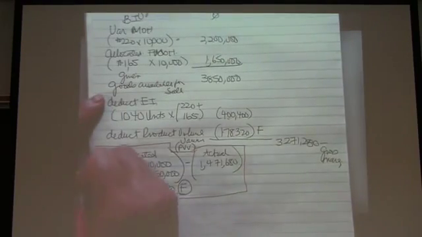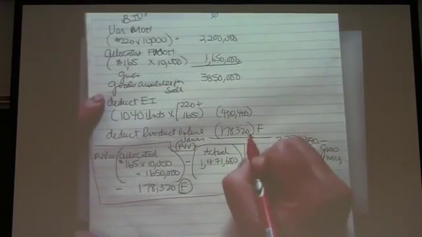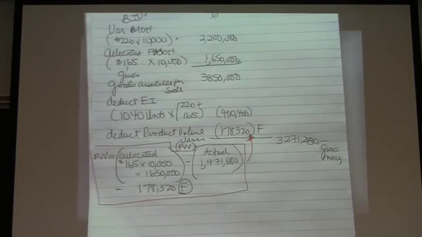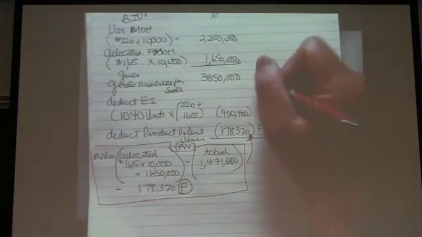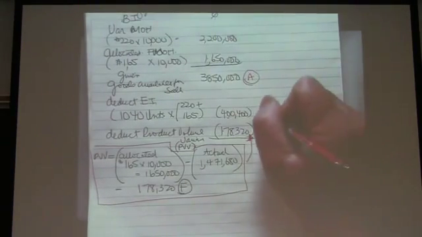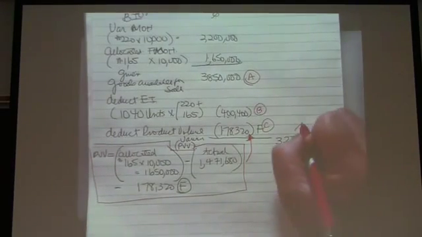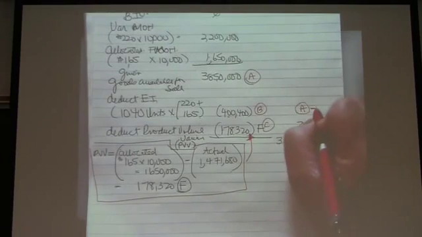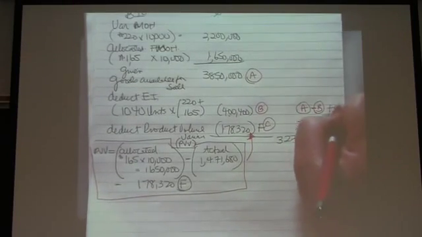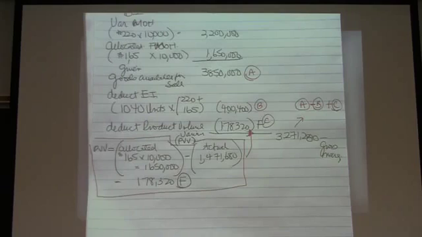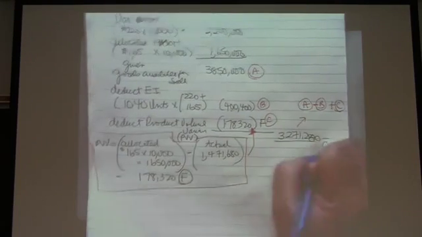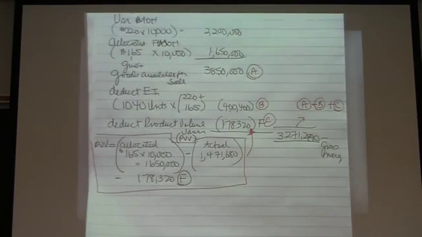This is to calculate this number. We take A, B, and C. This number is A minus B plus C because it's a favorable variance. Okay, so that is your gross margin.